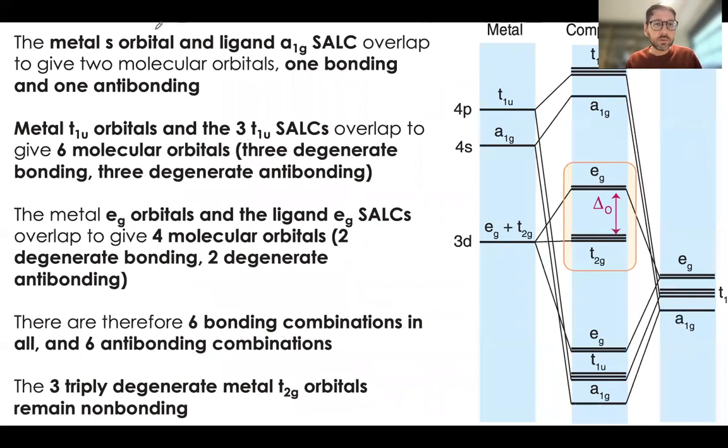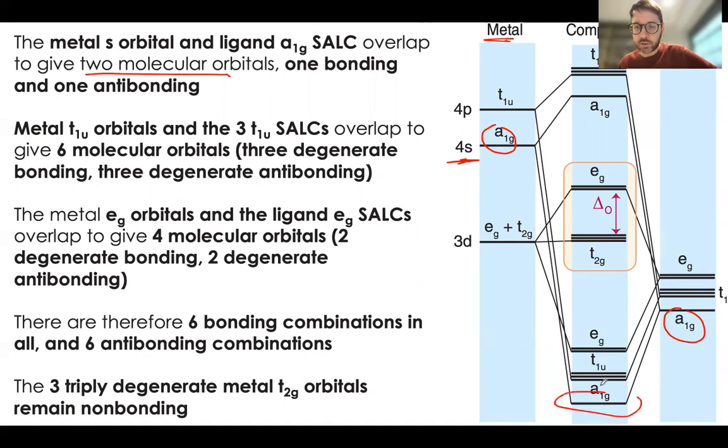Therefore, in the next step, we construct the molecular orbital diagram for this combination of metal orbitals and ligand orbitals. So first, the metal s orbital and the ligand A1g symmetry adapted linear combination will overlap with each other to give two A1g molecular orbitals.